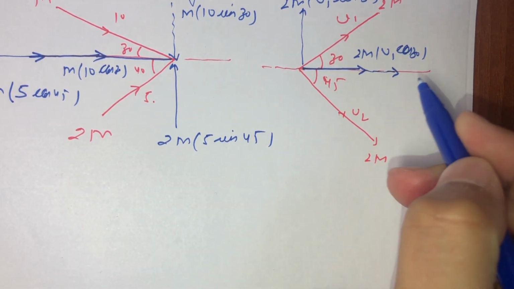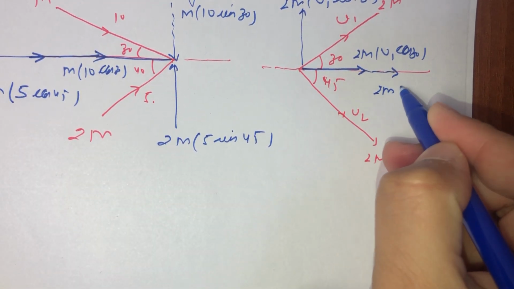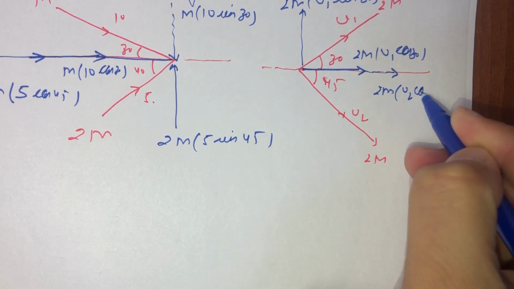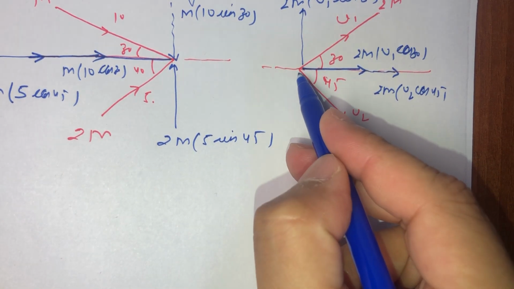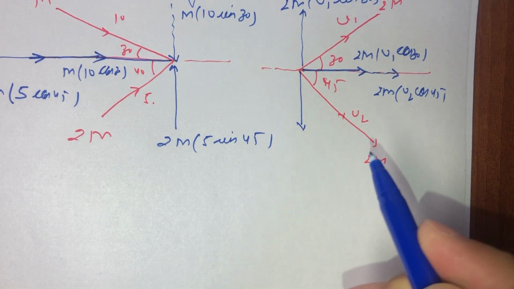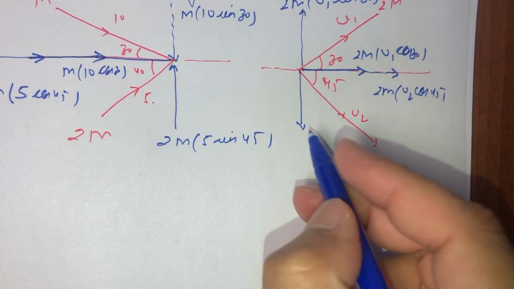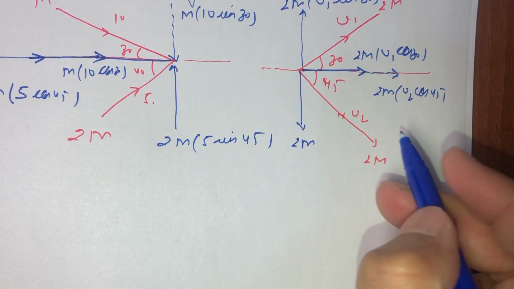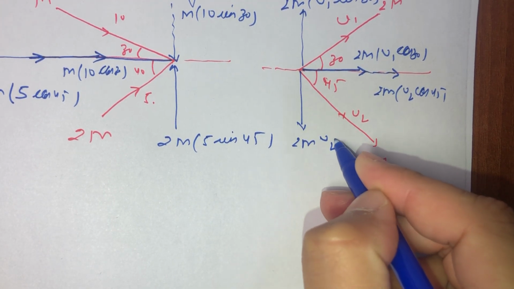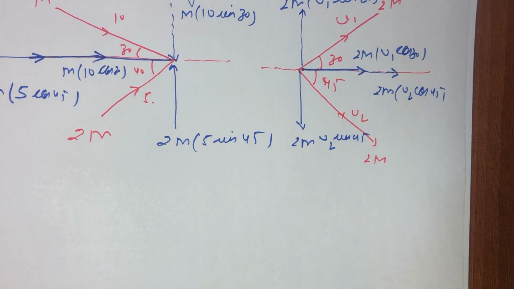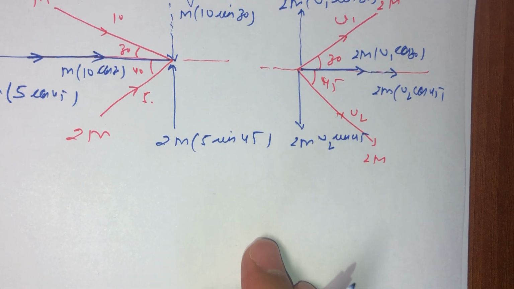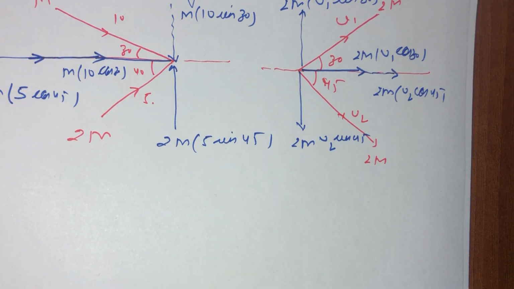Similarly, this component will be 2m v2 cos 45, and the component in the y direction is in the opposite, negative direction, 2m v2 sin 45. So these are the respective components in the x and y directions.